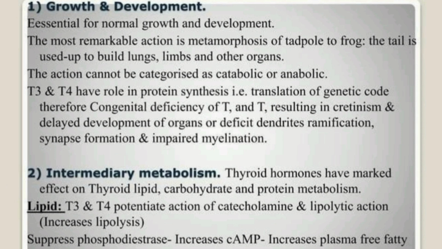Therefore, congenital deficiency of T3 and T4 results in cretinism and delayed development of organs, deficit dendrites, ramification, synapse formation, and impaired myelination. Then the second one is intermediary metabolism.